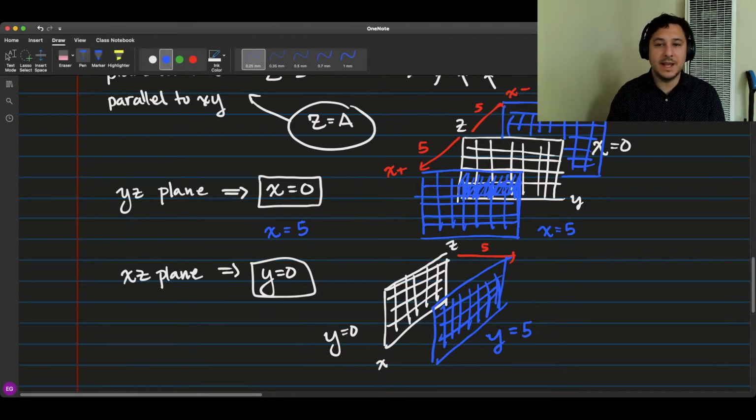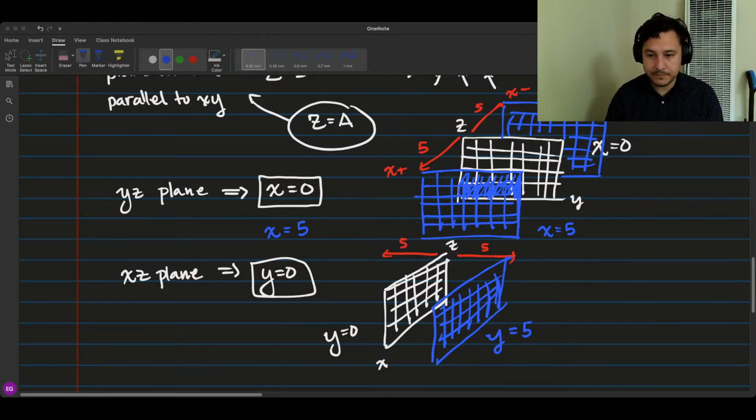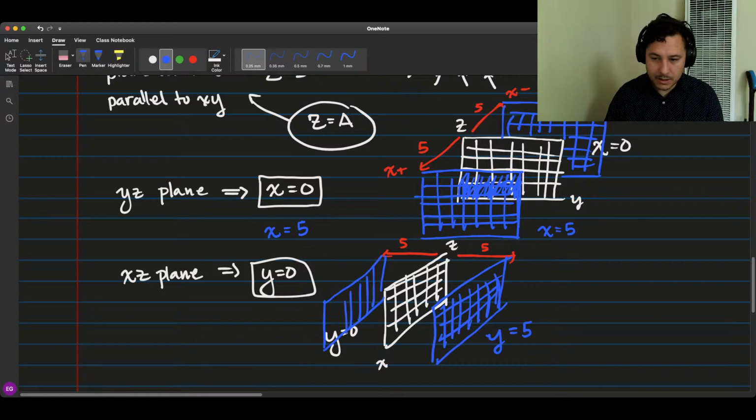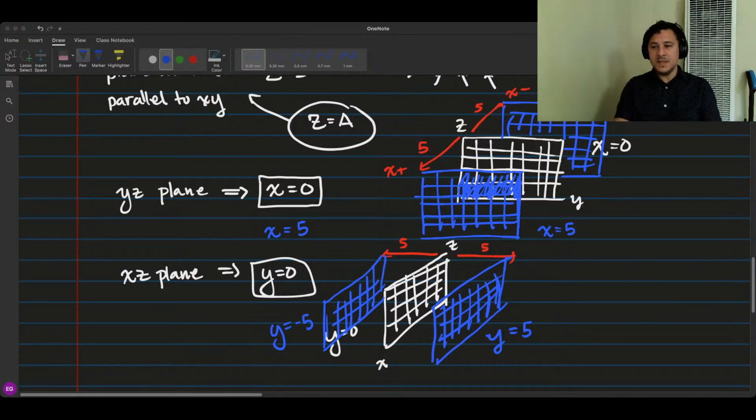If you wanted y equals negative 5, you move in the other direction. Does everyone see that there's sheets of paper like this now? You move them over.